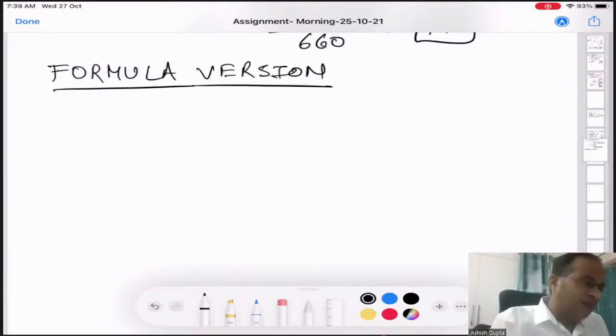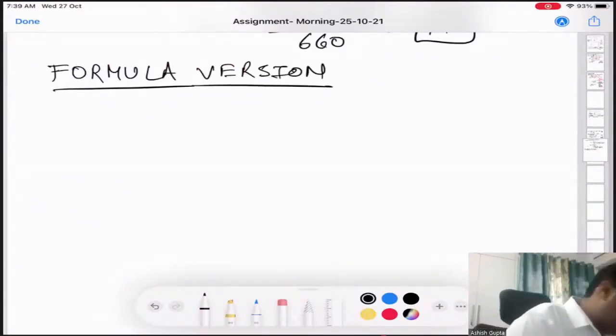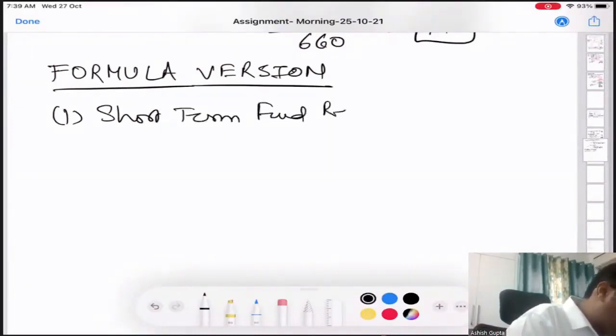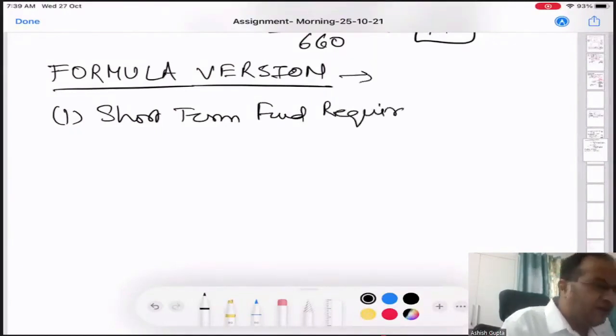Now I am taking you to the short-term fund requirement. From the formula version, we have computed the EFR. However, we have to see the conditions format. We can use equations.